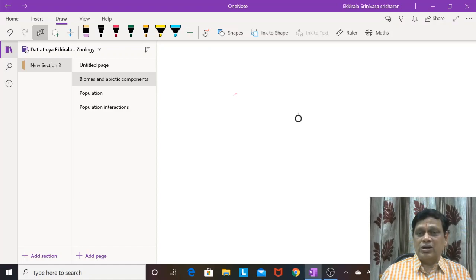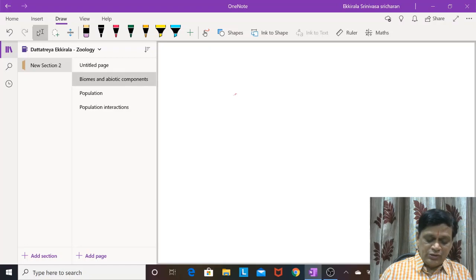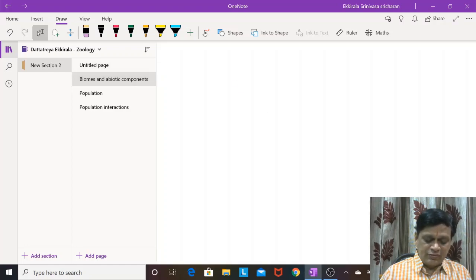Salts are not lost. So they have to prevent endosmosis of water and loss of salts, right? Then coming to this biomes point we have discussed. Now some adaptations we discussed.